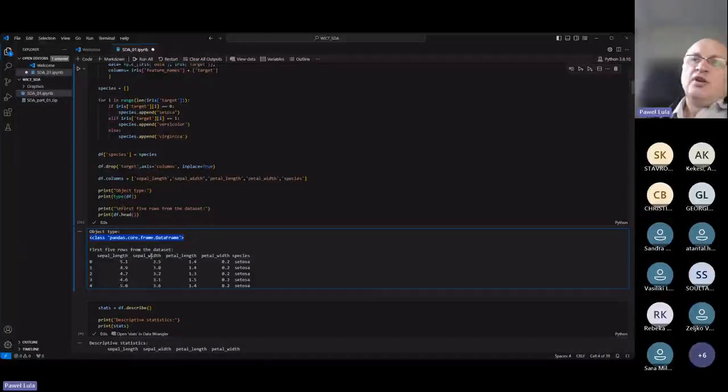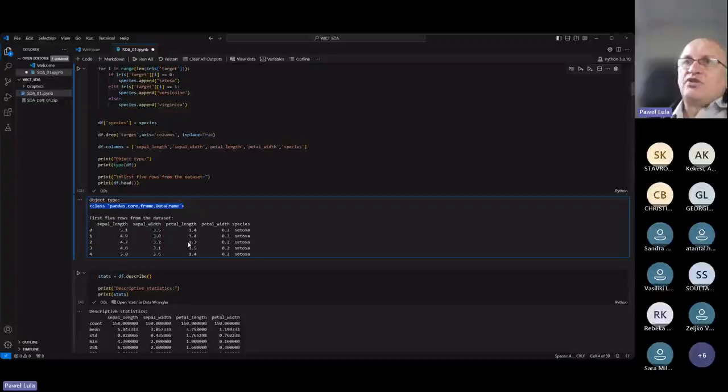So of course we have 150 objects, 150 rows in this data frame, and we will use this data set as a material for conducting our calculations.